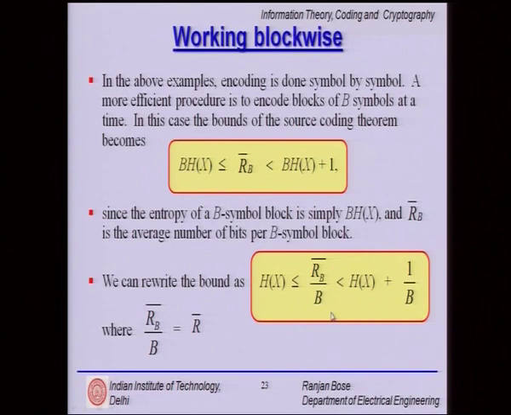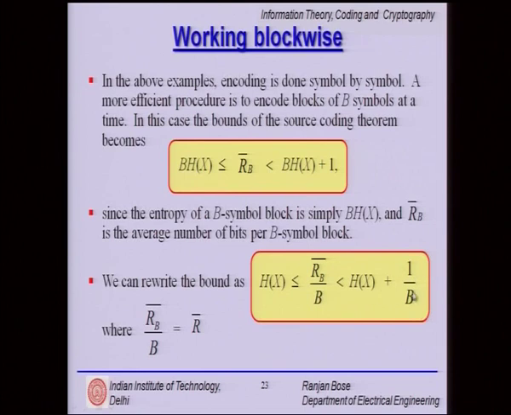So, again we can compare apples with apples and I am left with H(X) less than or equal to R bar less than H(X) plus 1 by B. So, working blockwise has been able to squeeze the upper bound.